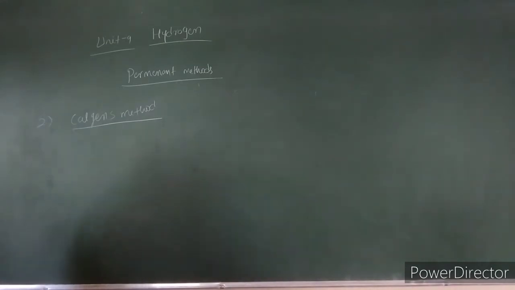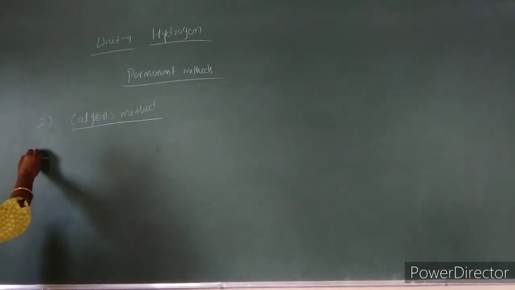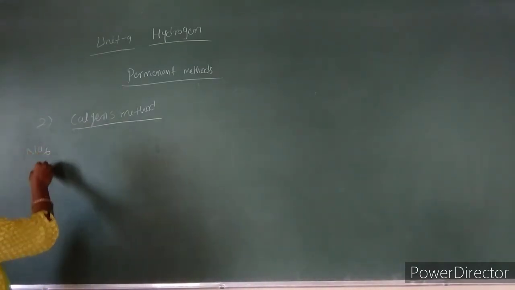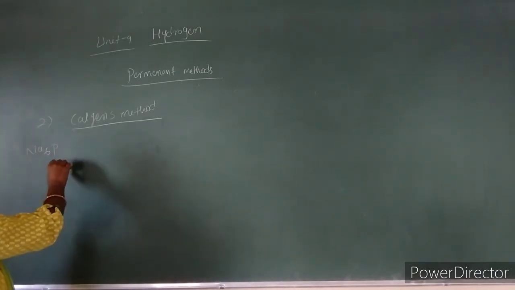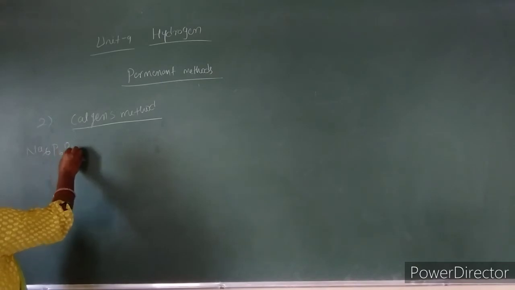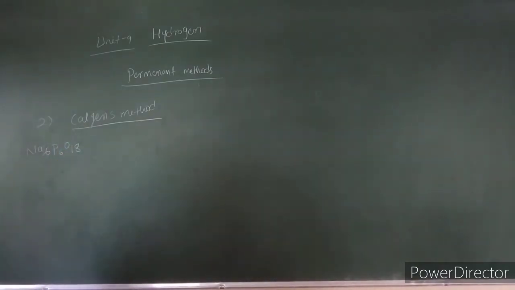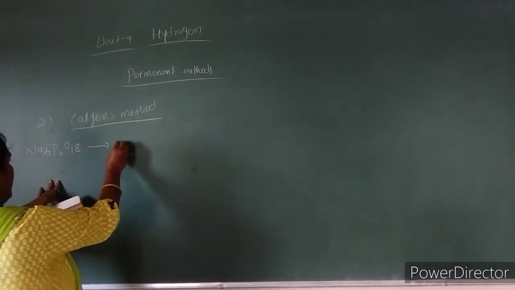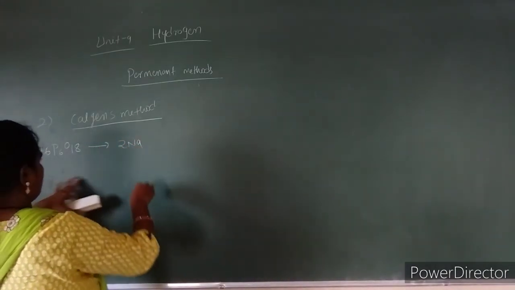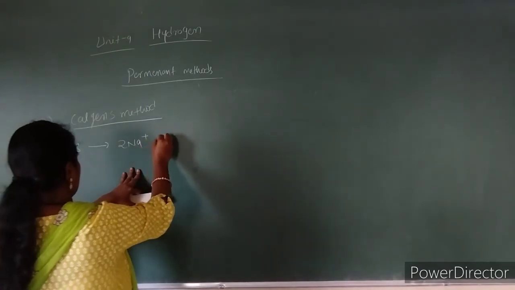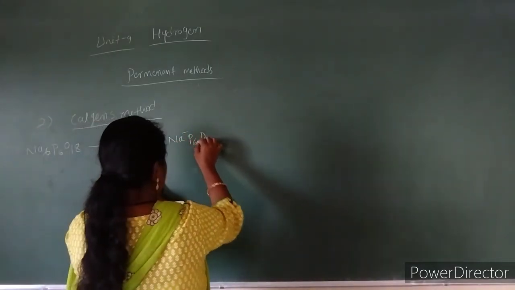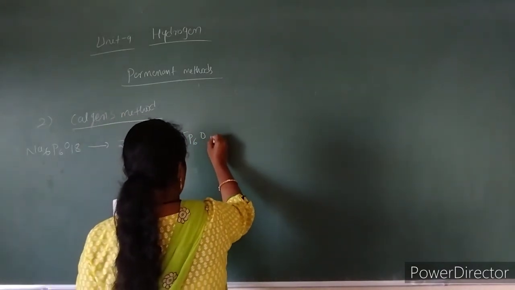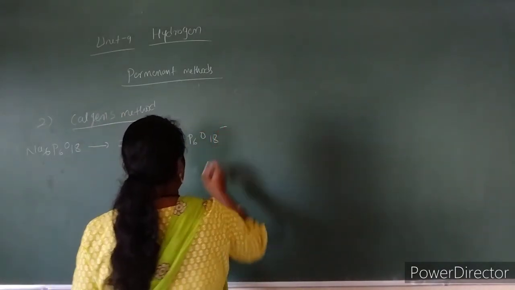By adding sodium hexametaphosphate, or Calgon, to hard water, it will remove the hardness of water. Firstly, it should undergo ionization, producing an anion.